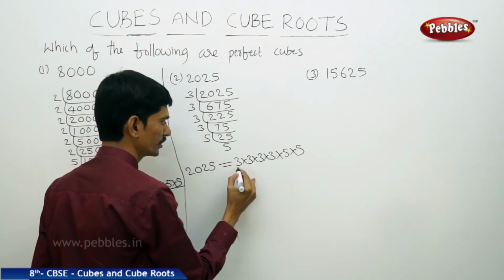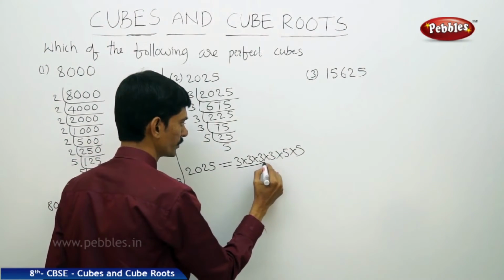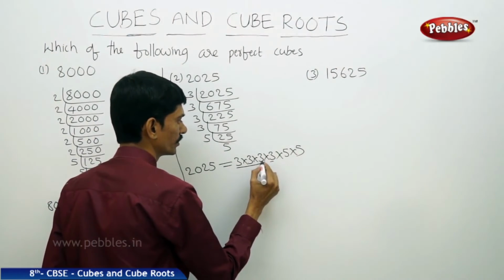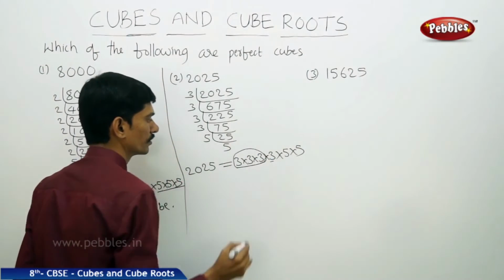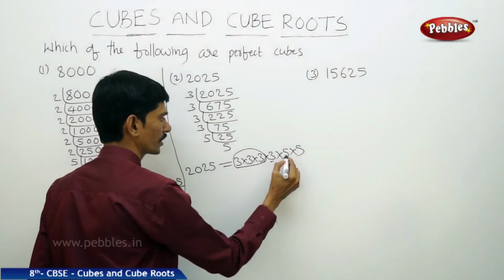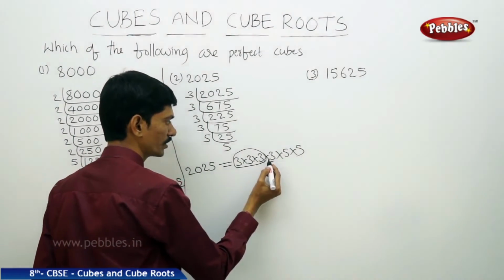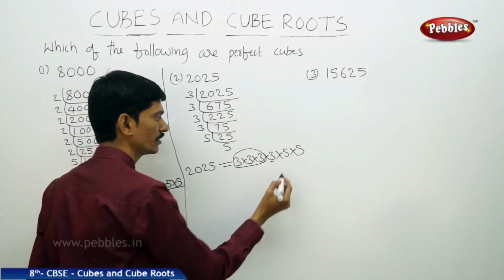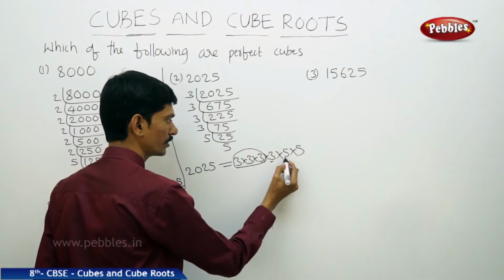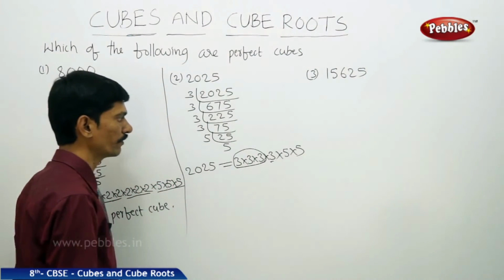Here the first prime factor 3 appears in a group of 3 and one 3 is left. The next prime factor 5 also is not present in a group of 3.